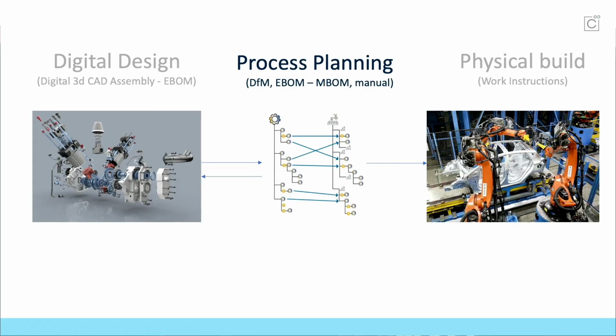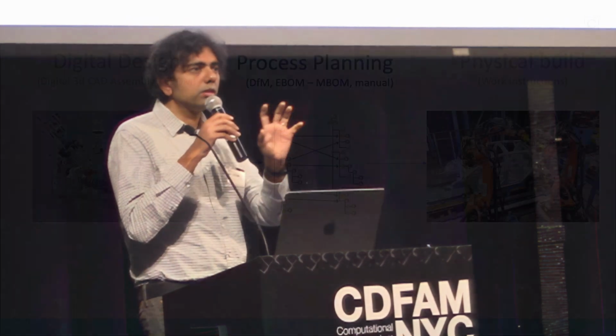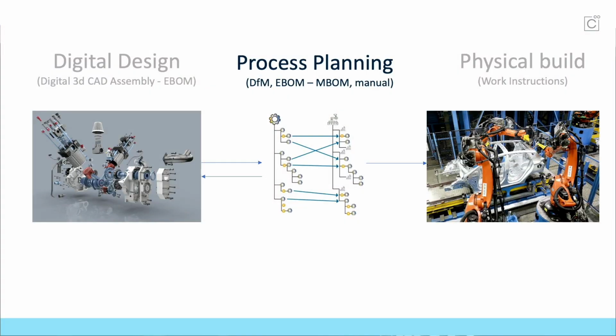So solving this problem of converting the EBOM to the MBOM is quite fundamental in manufacturing, but it is also something that we abstracted about, and saw that it is a general problem that we must solve. When there is intent that needs to be converted to instructions, that's what a compiler does.